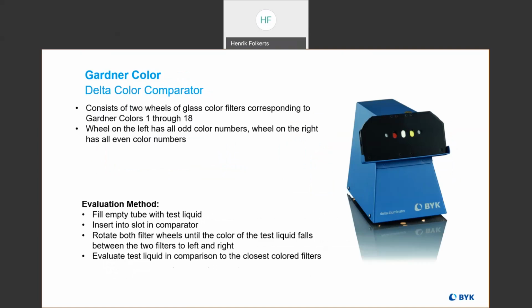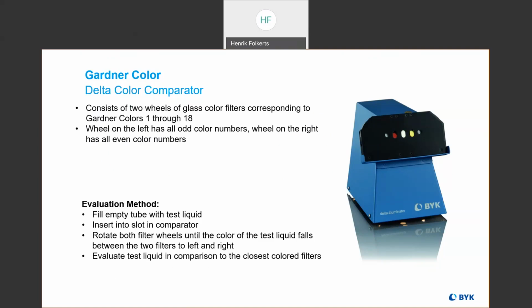So one of the methods that you can use to evaluate Gardner color is this delta color comparator. So you have two sets of glass wheels corresponding to the 18 Gardner colors. On the left, you'll have the odd numbers, 1, 3, 5, 7, 9, and so on. And on the right, you'll have the even numbers, 2, 4, 6, 8, and so on.